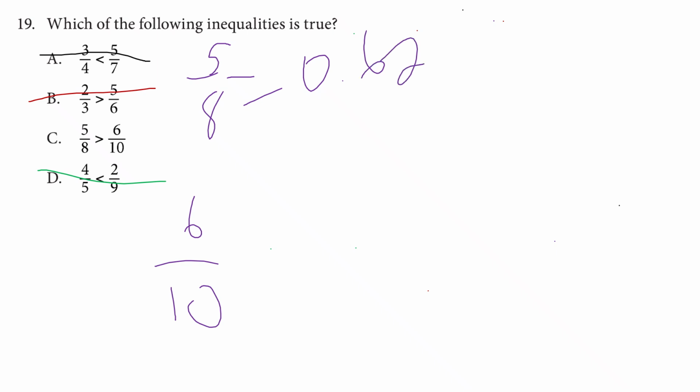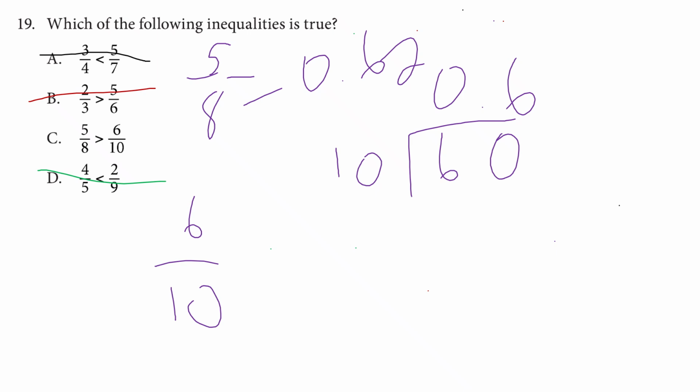And then we do 6 divided by 10. 10 can't go into 6. Put a 0 up top, 0 down here. When you add that first 0, put a decimal. 10 goes into 60 6 times. 6 times 10 is 60.